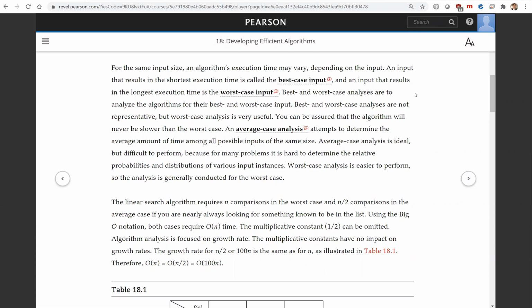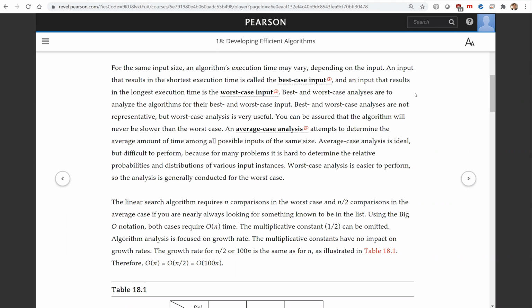The linear search algorithm requires n comparisons in the worst case and n divided by 2 comparisons in the average case if you are nearly always looking for something known to be in the list. Using the big O notation, both cases require order of n time.